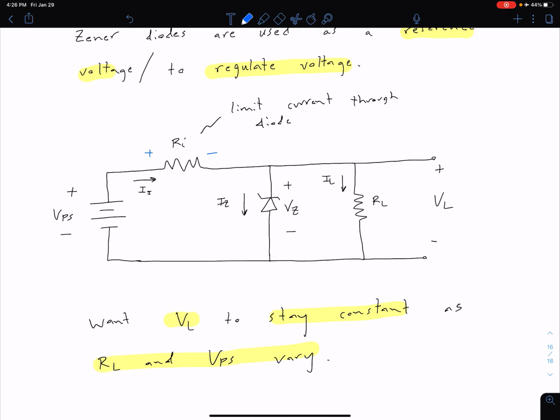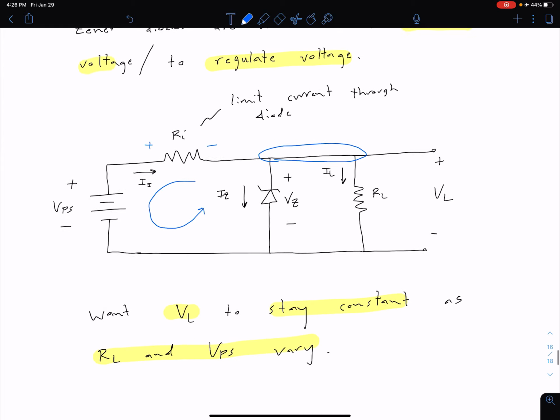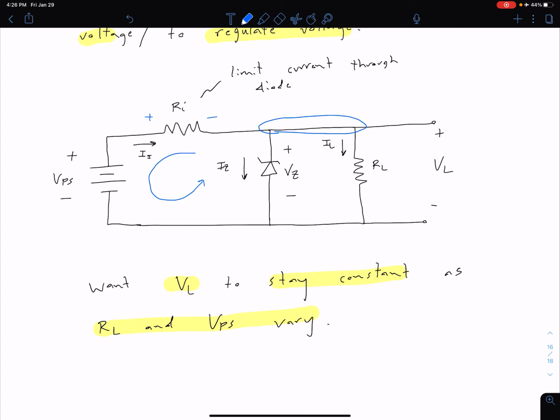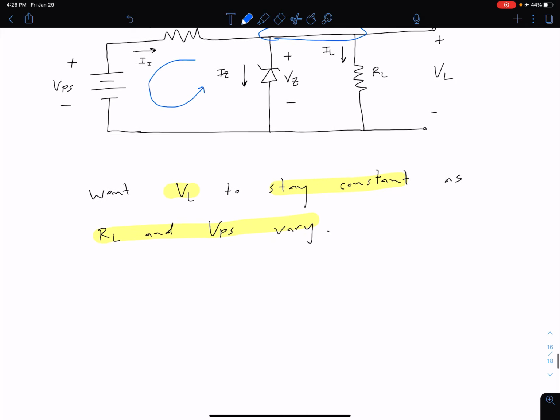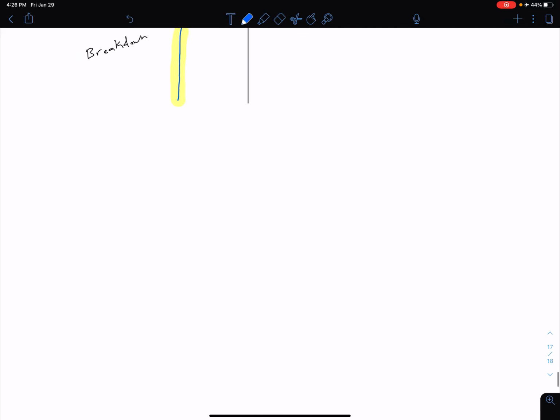So we can do a KVL loop around here to solve for that R sub I value, and we'll play some games with that. And then another key thing we're going to use a little later on is we can do KCL here to relate our three current values. Again, you've got the handwritten notes posted on Canvas, so you can be looking at that image as I'm going through and writing these equations.